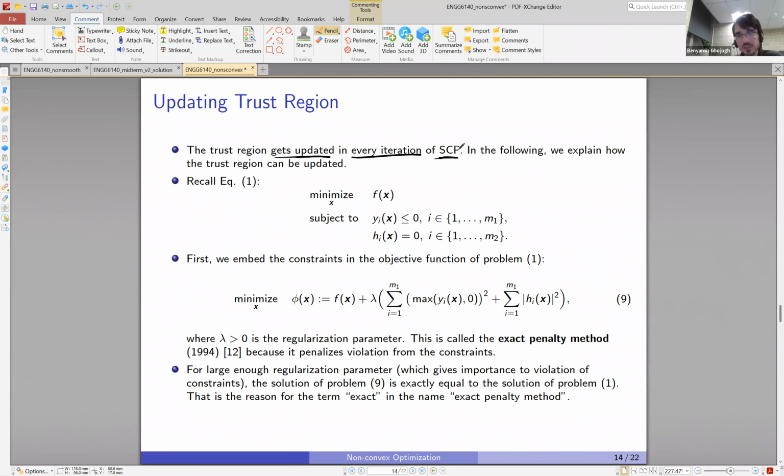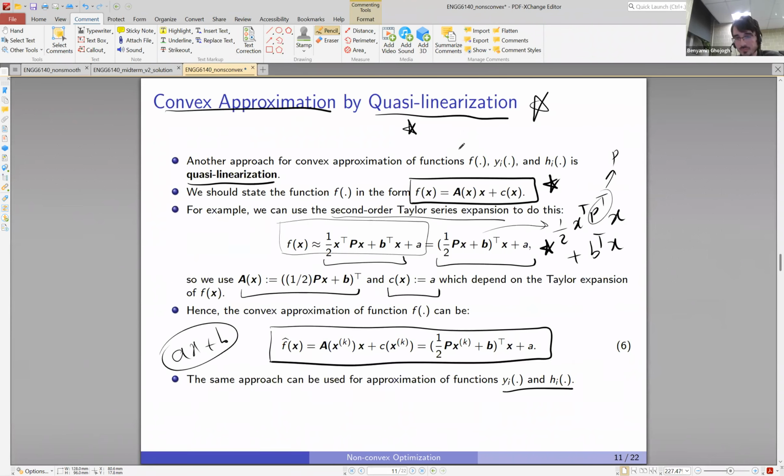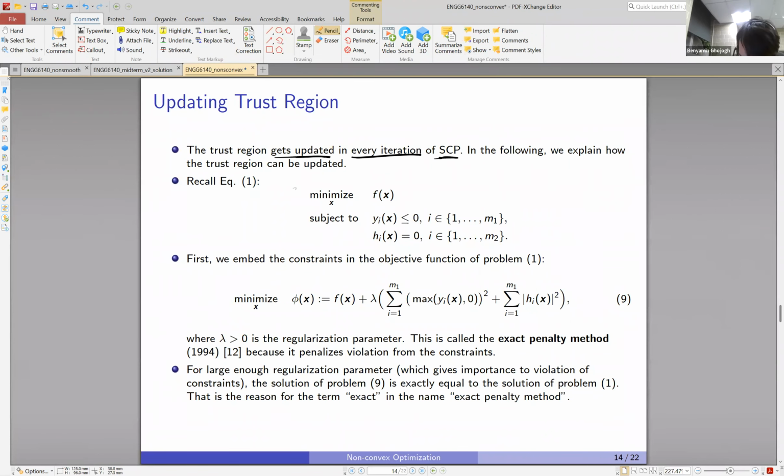Okay, recall equation 1. Here we are minimizing the function f with m1 inequality constraints and m2 equality constraints, and these are not necessarily convex. So this is a general optimization problem, which might not be a convex optimization problem. Then we can embed the constraints in the objective function like this.